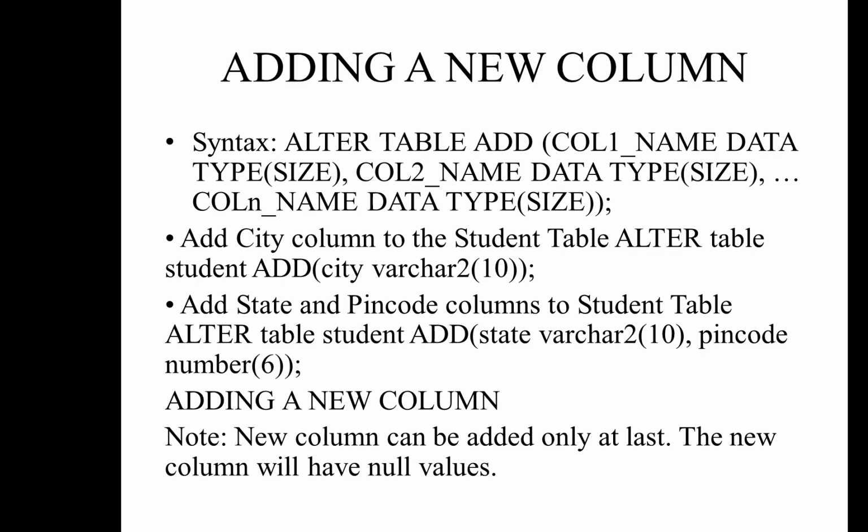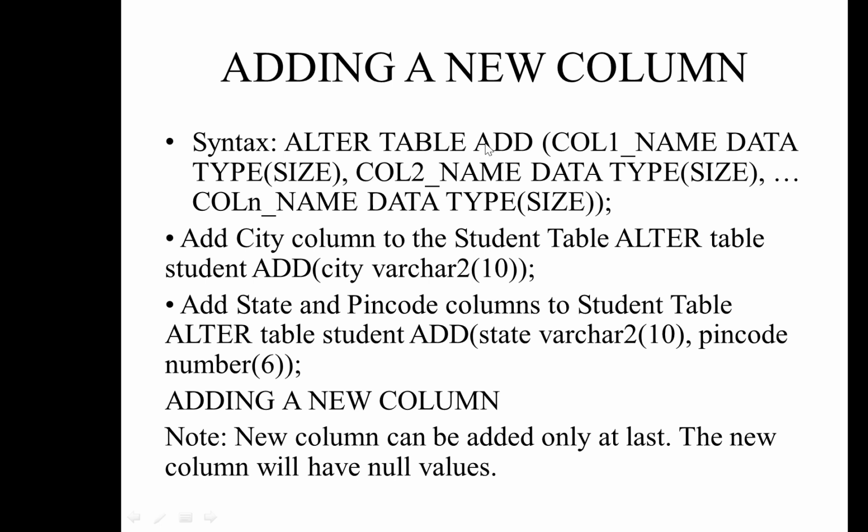The first one is adding a new column. We have already created a table called student. For adding a new column, we follow the syntax: alter table, the table name, and then add is the keyword.